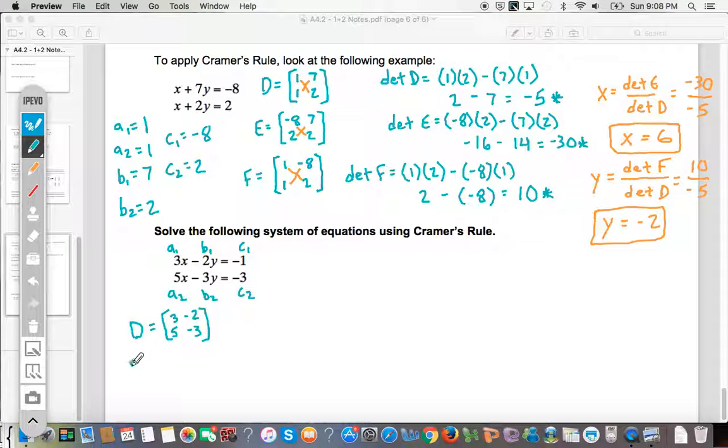Okay, I'll make E. So E, we have our C's in the first column, so -1, -3. Okay, and our B1 and our B2, so -2, -3.